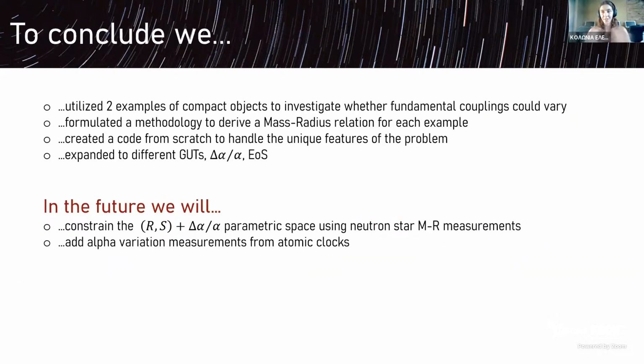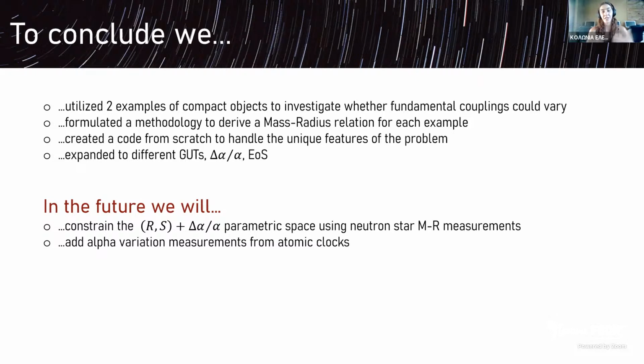Okay, so just to conclude everything, what we did is we utilized white dwarfs and neutron stars to figure out whether fundamental couplings could vary in the universe. And we actually created a methodology to find out the mass radius relation for both of these cases.